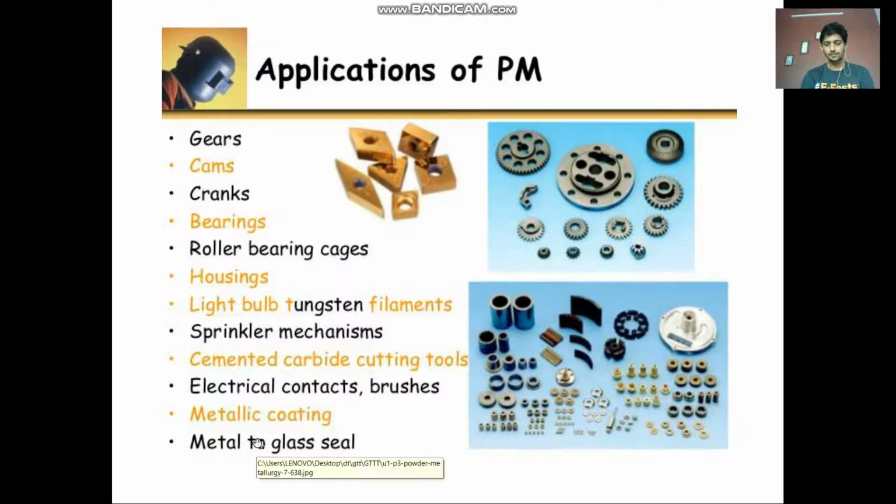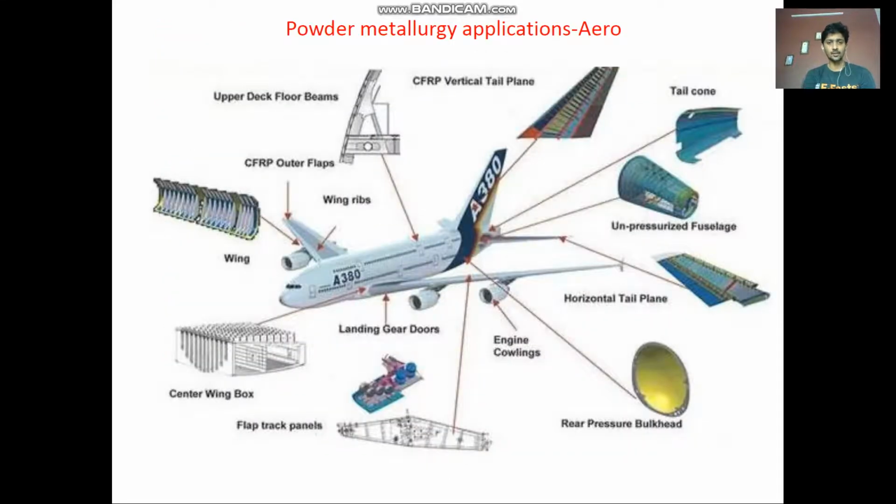There are many applications, but from an aeronautical point of view, that is aerospace or avionics, we use it for different parts of aircraft: the doors, deck floor beams, outer flaps, wing ribs, wings, landing gear doors, engine cowlings, horizontal tail plane, fuselage, specifically the unpressurized fuselage, and tail cone. There are many other panels. All of these use products made by powder metallurgy.